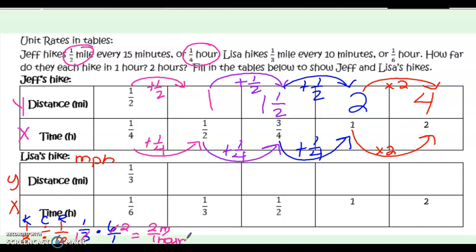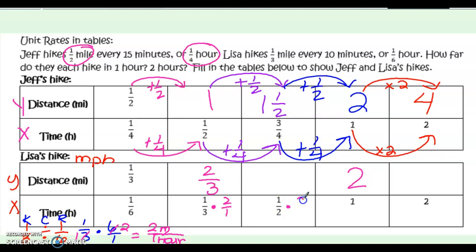Because it's 2 miles per 1 hour, I can go over here to where we have 1 hour and fill in my 2 miles. Now I can take this information and use my unit rate to multiply by my number of hours, and that's going to tell me how far they traveled. So times 2 over 1, and then we just do 1 times 2, which is 2, and 3 times 1, which is 3, so 2/3 of a mile.